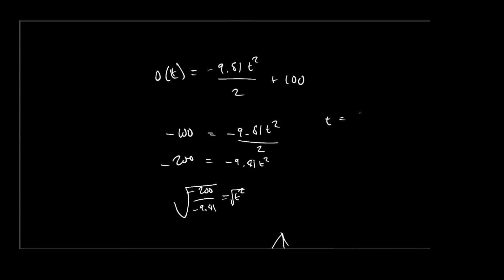T equals root of negative 200 over negative 9.81, and I can probably just cancel off the negatives.